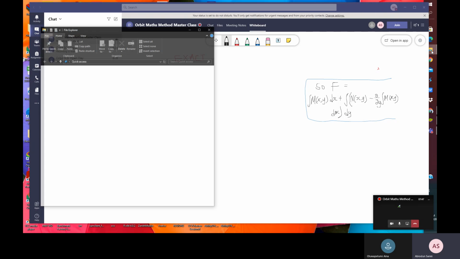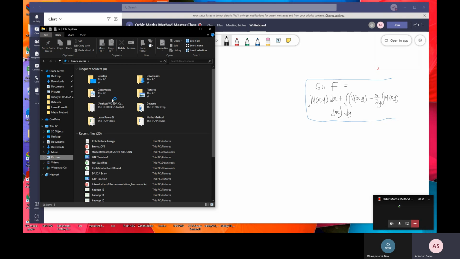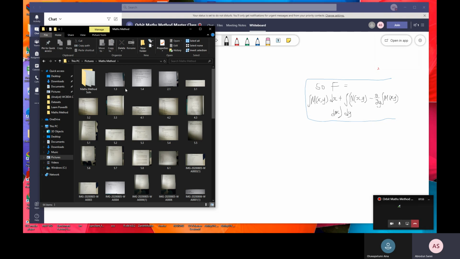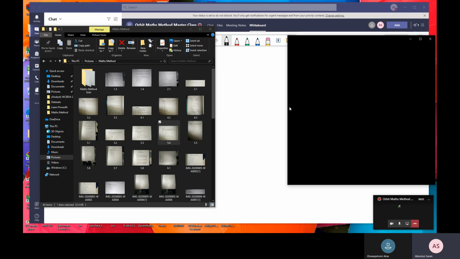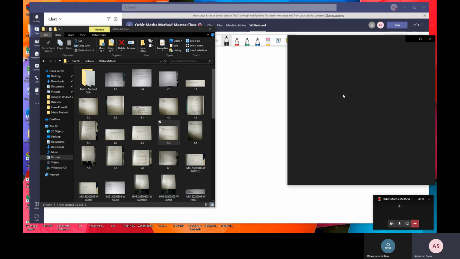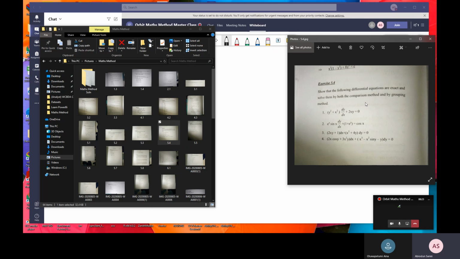So: show that the following differential equations are exact and solve them by the comparison method.